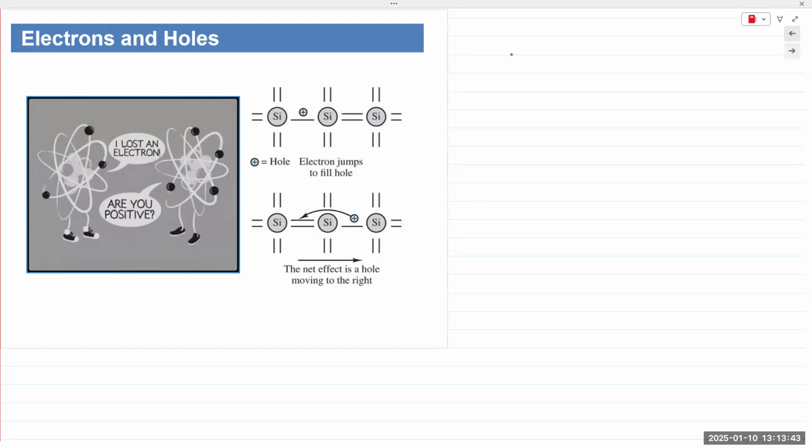So we get what is known as a hole, and a hole is said to have a positive charge. So if you lose an electron, the answer is yes, you are positive. And again, I give credit for this meme to Professor Chuck Bland.